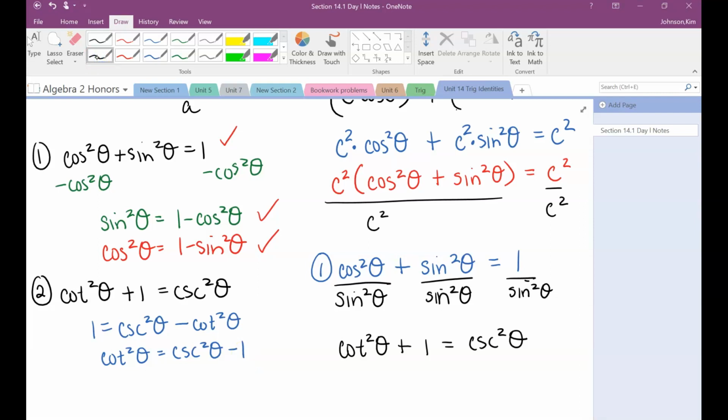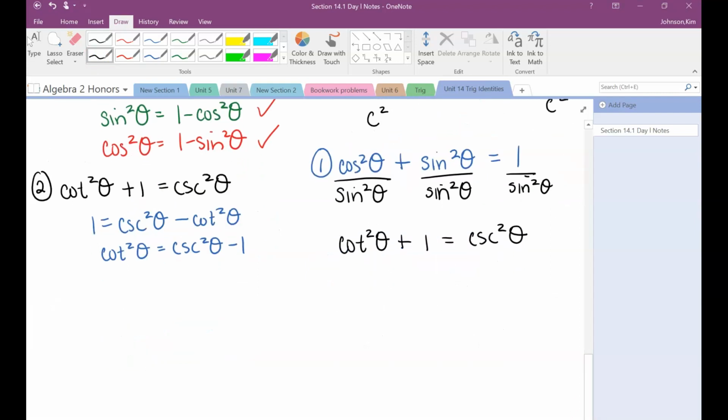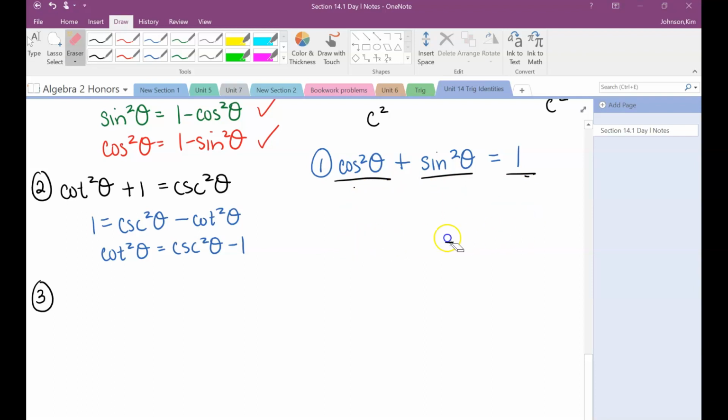Let's go back to cosine squared of theta plus sine squared of theta equals 1. I want to develop our third and final Pythagorean identity here. So instead of dividing by sine squared of theta, let's say that I divide by cosine squared of theta. What would happen then?